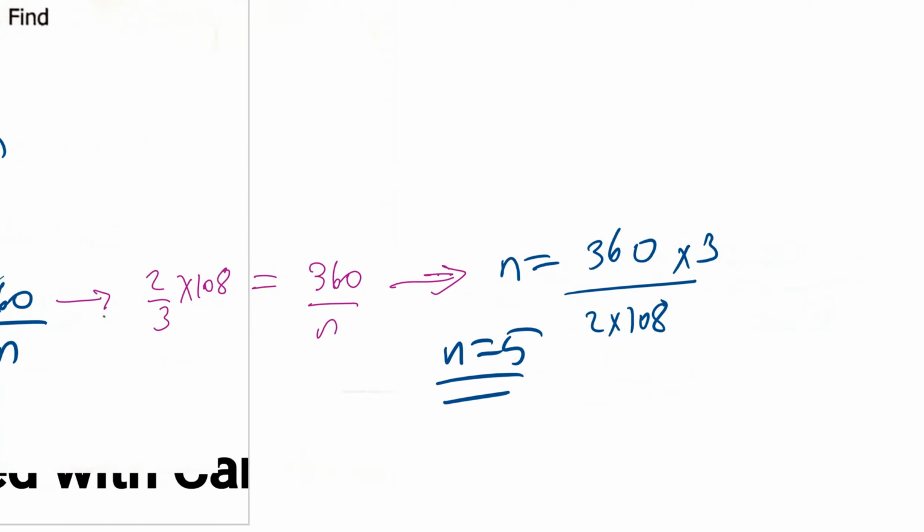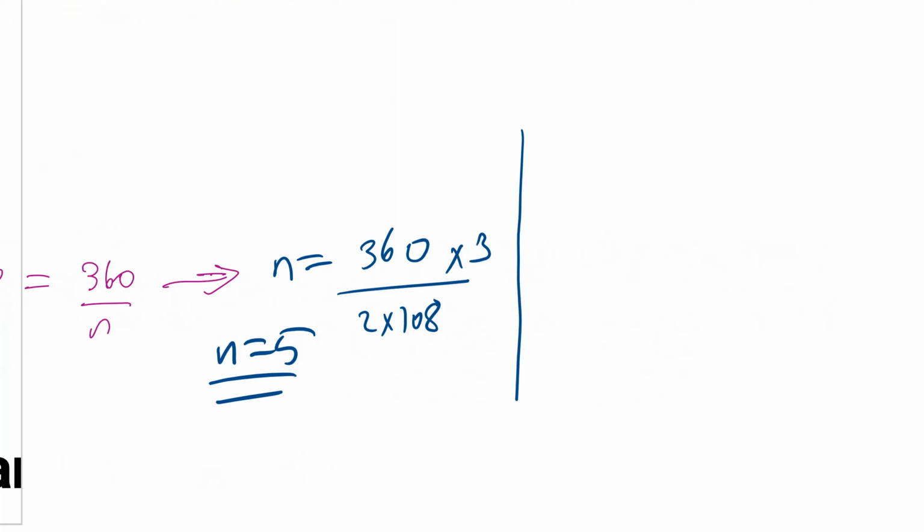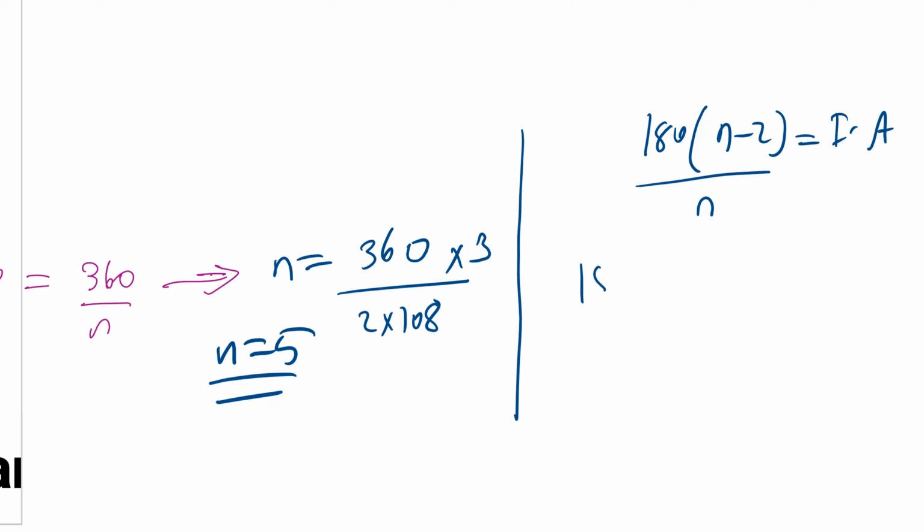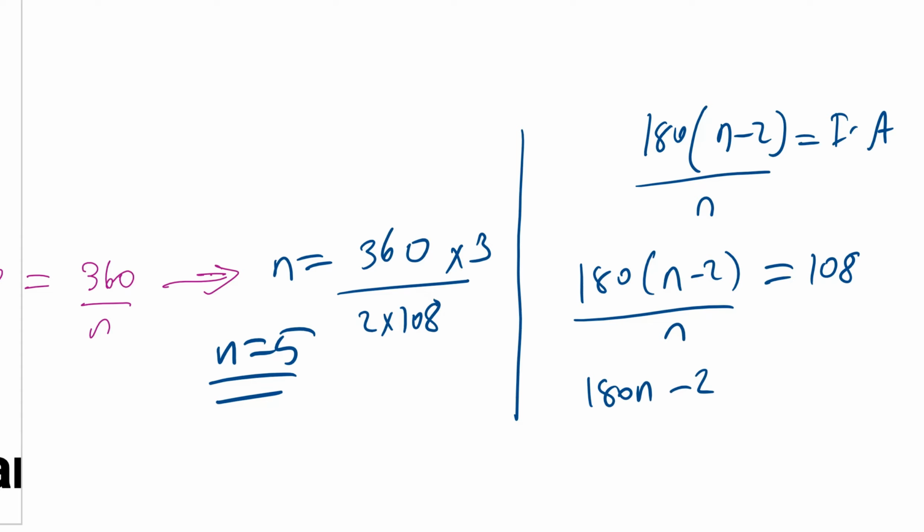But there is also another approach. We can take 180 times (n minus 2) divided by n equals the interior angle, and the interior angle was 108. So 180(n minus 2) over n equals 108. So 180n minus 2 times 180, which is 360, equals 108n.